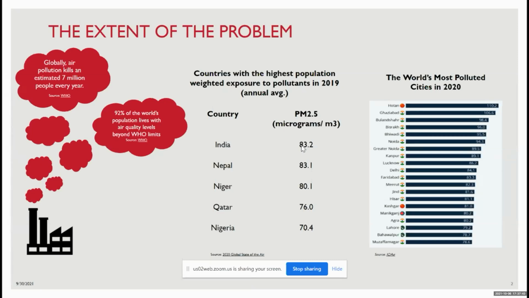We also know that there's a tremendous linkage between air pollution and climate change. Air pollution and climate change share the same emission sources, things like fossil fuel combustion, agriculture, waste disposal, land use change, etc. We also know that air pollution directly contributes to climate change, since certain pollutants like black carbon, ground level ozone, methane, are potent climate forcers.